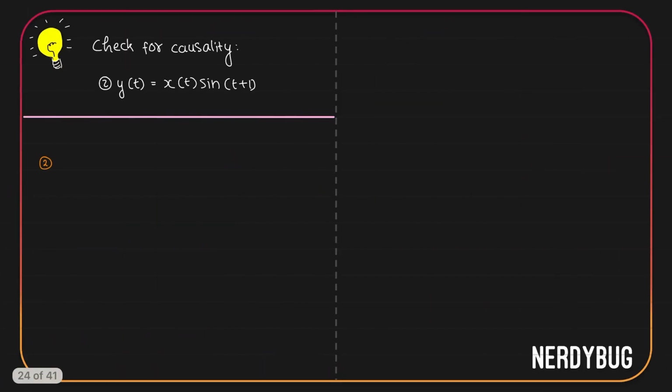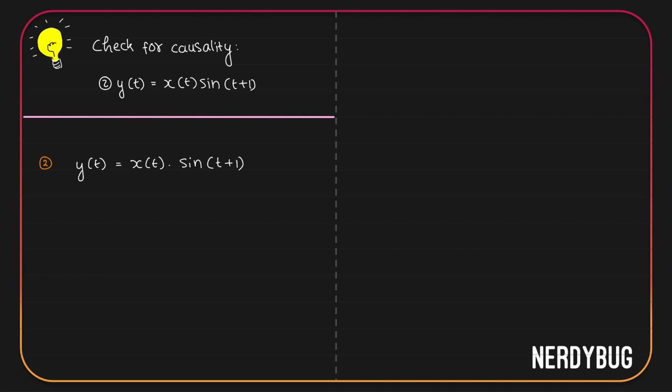Let's take another example. y of t is x of t multiplied by sine of t plus 1. On the first look, you can see that there is t plus 1. So it has to be non causal, right? Because it depends on something that happens in the future.